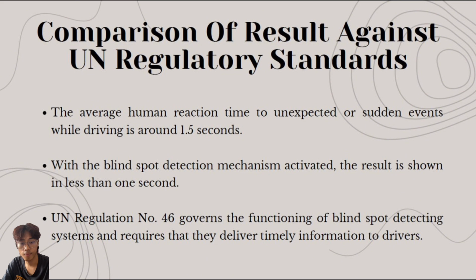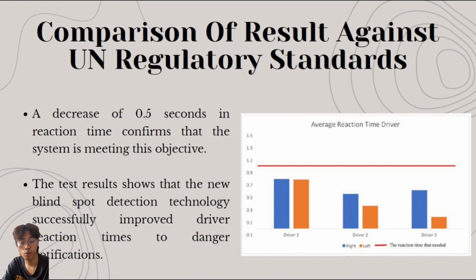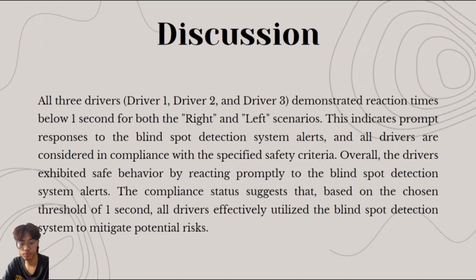Not only that, the UN regulation also standardizes that the reaction time of the sensor while a vehicle passes through the blind spot should take less than 1 second for the blind spot detection indicator to light. And let's move to the next part.